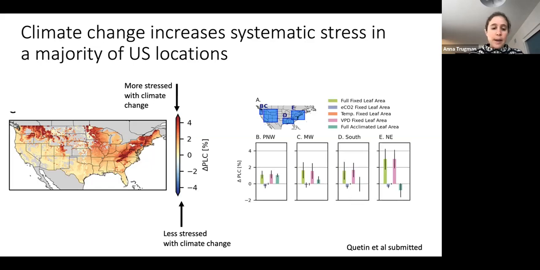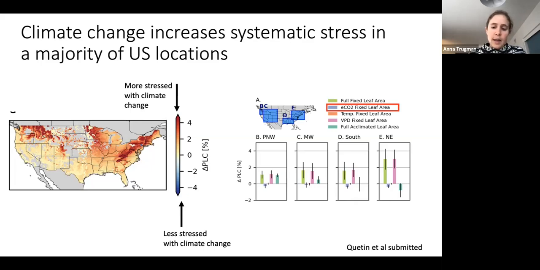And if we actually break down what's happening region by region and look at which forcings are responsible for each of the patterns in stress across the US, we can look to see the full effect of all of the different climate forcings. Blue corresponds to the ameliorating effect of elevated CO2 on stress.